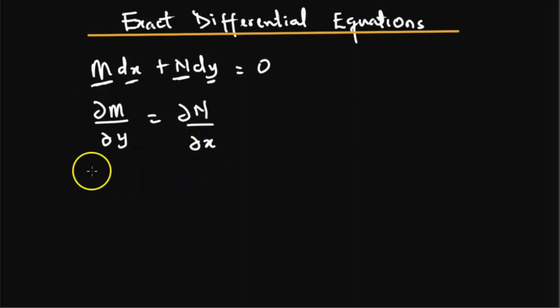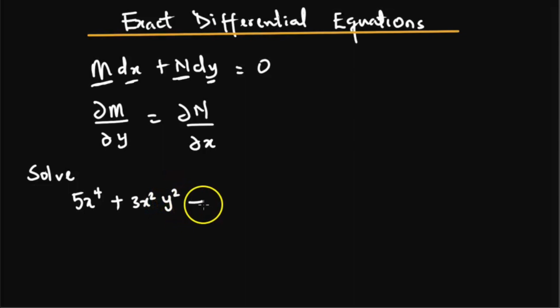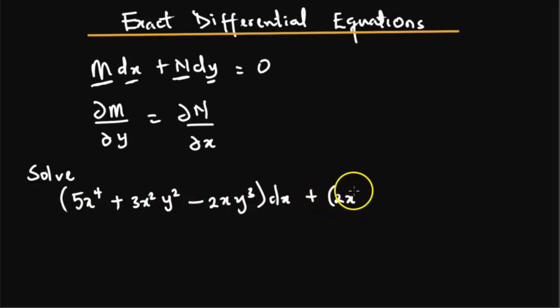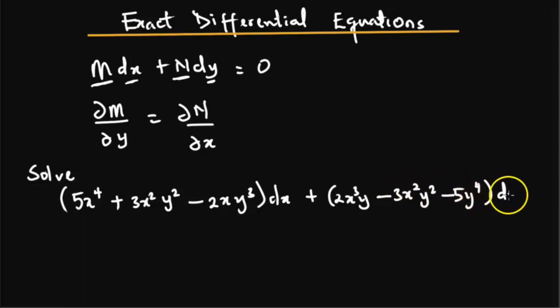So now let's solve an example step by step. Let's solve (5x^4 + 3x^2y^2 - 2xy^3) dx + (2x^3y - 3x^2y^2 - 5y^4) dy equals 0.